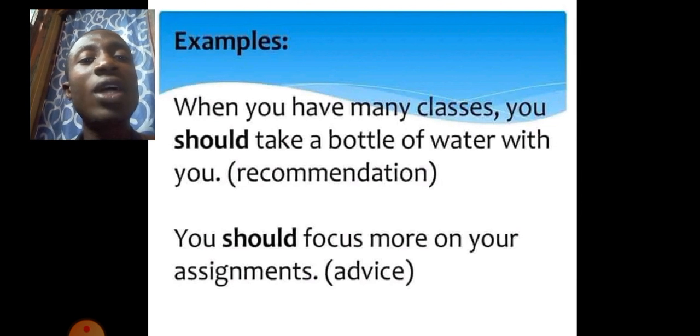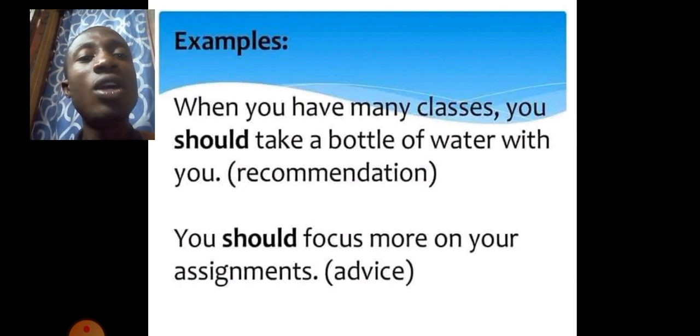Let us show an example. When you have many classes, you should take a bottle of water with you. This shows a recommendation.